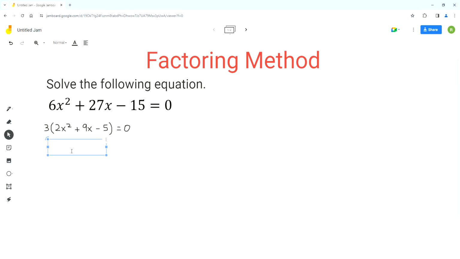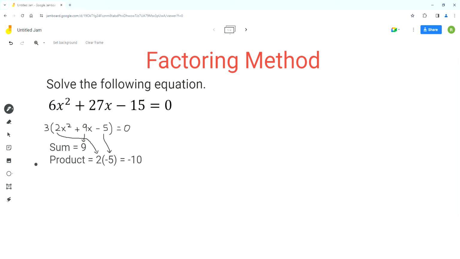So we have to find two numbers whose sum is 9 and the product is 2 times -5, which is equal to -10. So 9 is the coefficient of the x term and 2 here is the coefficient of the x squared term and -5 is the number term.